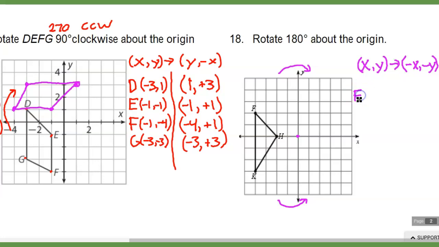So F, which is negative 4 comma positive 2, will translate to 4, negative 2. So 4, negative 2. So there's F prime.